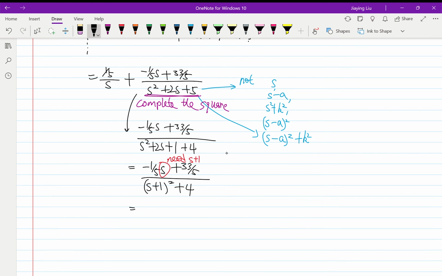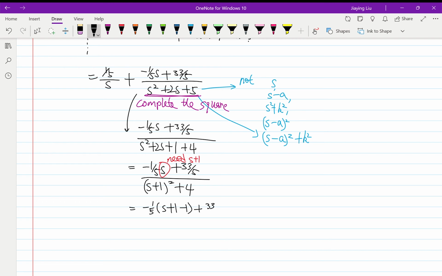So what we can do is leave the negative 1/5, and the S that we have, we're going to write as S plus 1 minus 1. That way the S becomes S plus 1 when we separate the negative 1. We need the S plus 1; this one we don't need, so we're going to move it outside of the parentheses.